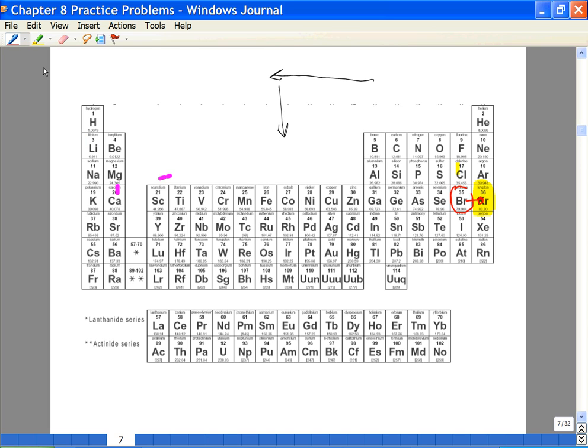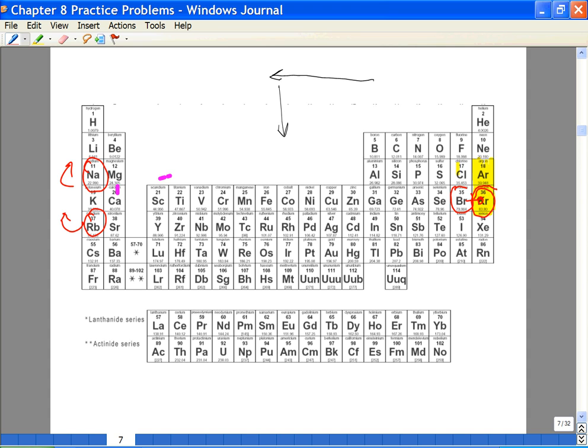Sodium is over here. To form the sodium cation, we would remove an electron, and therefore the sodium would end up looking like argon. And for the rubidium, it's down here. And if we remove an electron, it also is going to look like krypton.